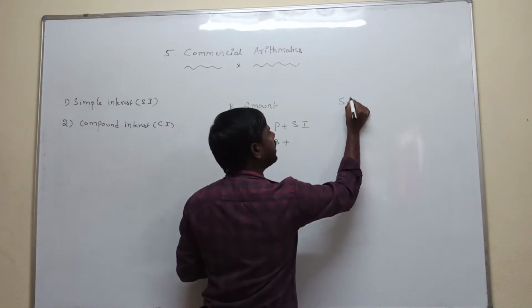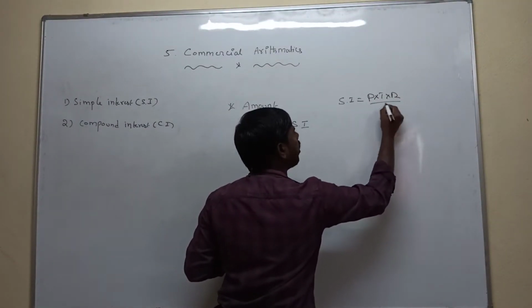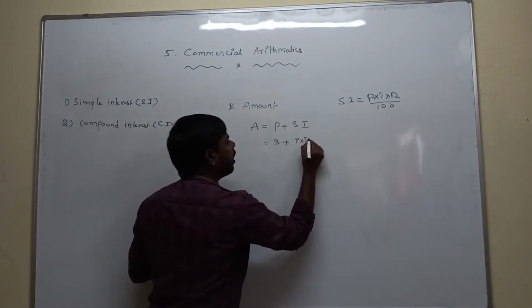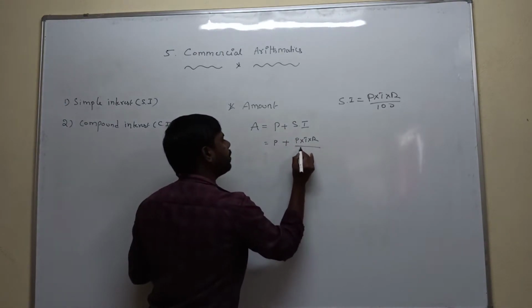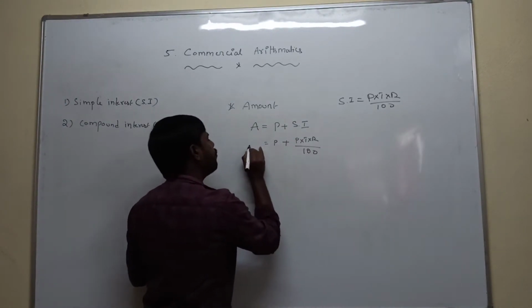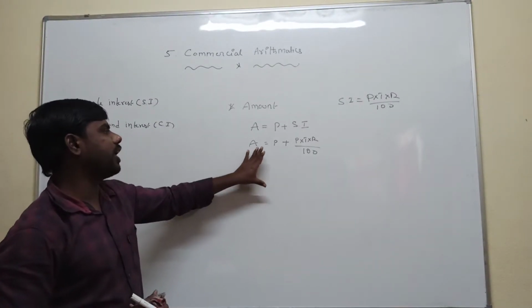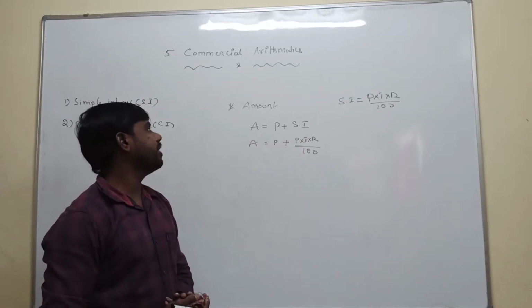The simple interest formula is PTR by 100. Whenever you are calculating the total amount, you can apply A equals P plus simple interest. That is the meaning of amount.